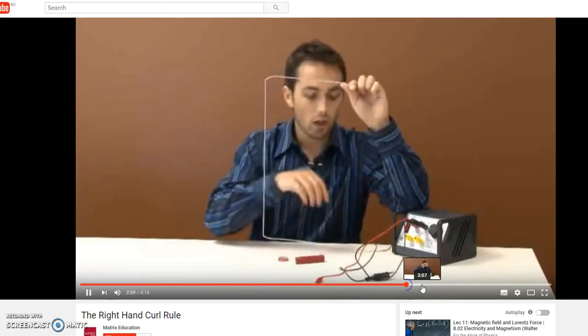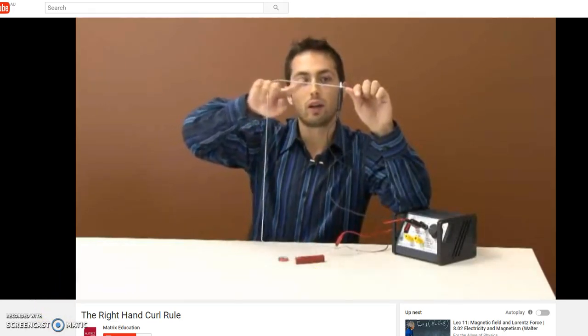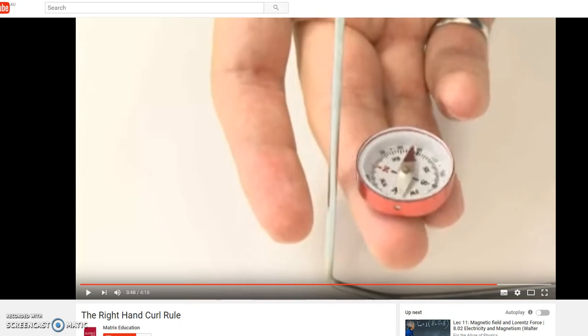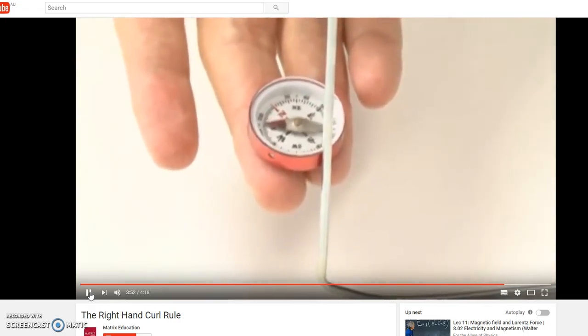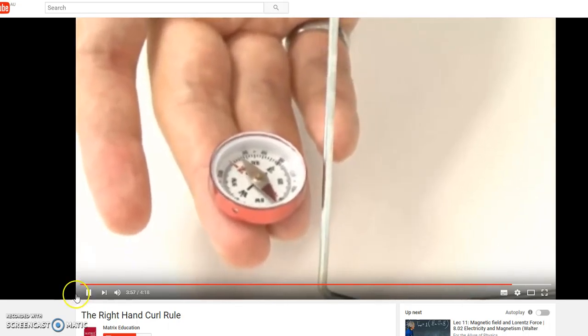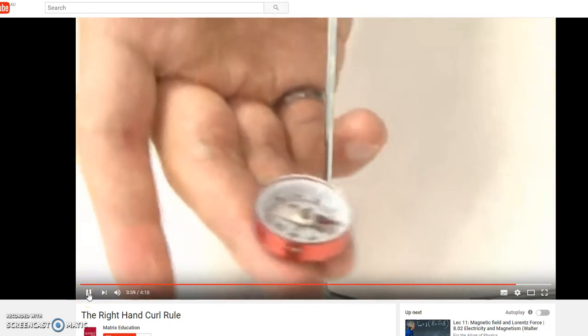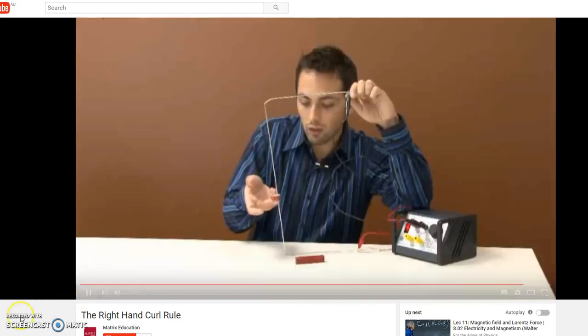Can't find it now. Alright, here it is. So there we go. He's running 2 volts through a coat hanger wire, and he's getting the magnets to move. So I'm going to try that, because I think that's something that I can manage with my students.